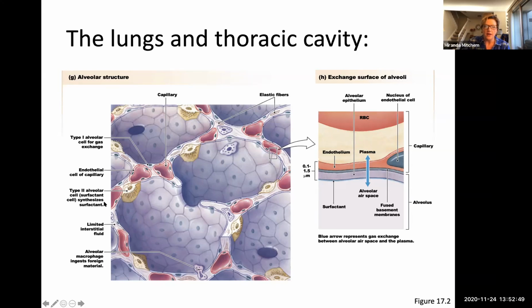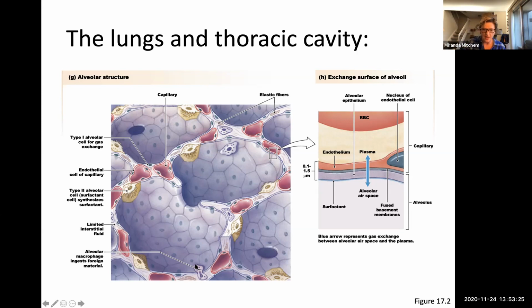Now, on the topic of surfactant, part of a risk for a premature baby is that they may not have produced their own surfactant yet, depending upon how far the pregnancy went through. So nowadays, premature babies are given surfactant, and it really has helped to reduce many of the ill health effects and deaths that were associated with premature births.